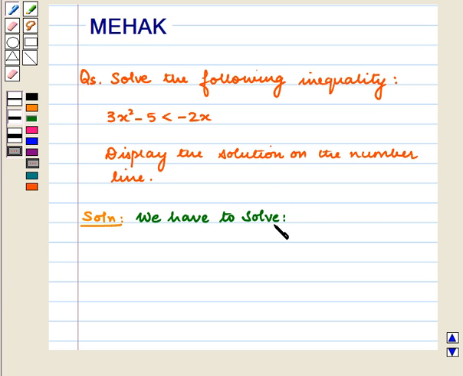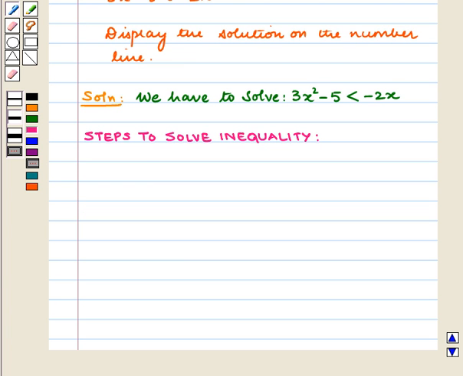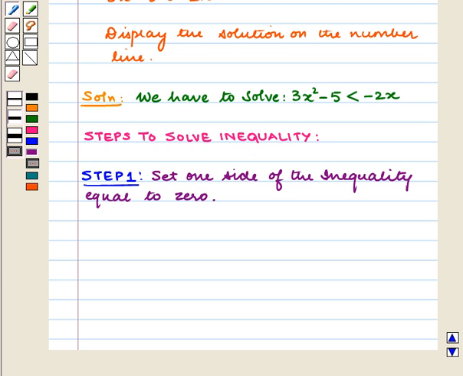We have to solve the inequality 3x square minus 5 is strictly less than minus 2x. We will follow some steps to solve the inequality. Our first step is to set one side of the inequality equal to 0. For this, we add 2x to both sides.